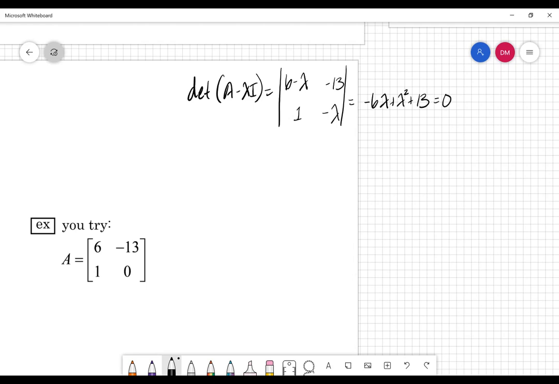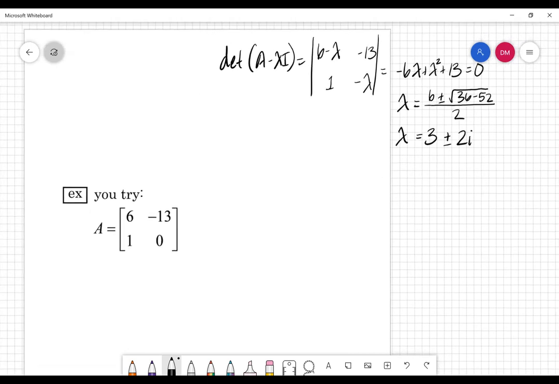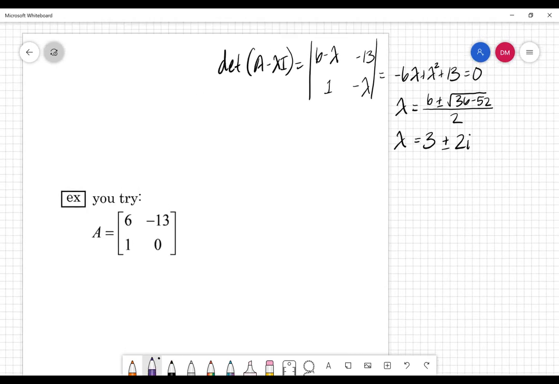All right, so lambda equals 6 plus or minus the square root of 36 minus 52 all over 2. What we should be getting here for our eigenvalues is 3 plus or minus 2i. So we are going to work this out for lambda sub 1, our 3 plus 2i, remembering that we're just going to get a conjugate pair for the other.